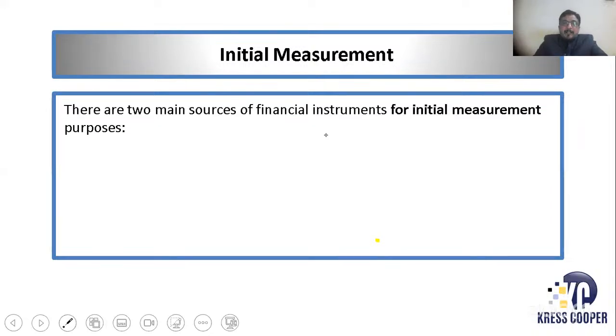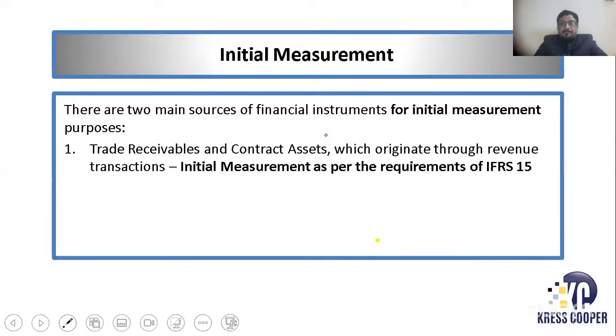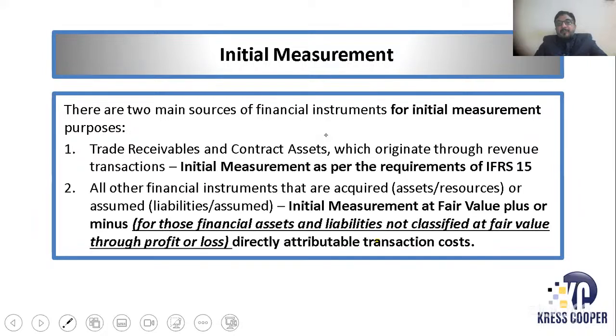IFRS 9 says that initially the financial instrument should be measured at fair value, except the trade receivables arising from IFRS 15.